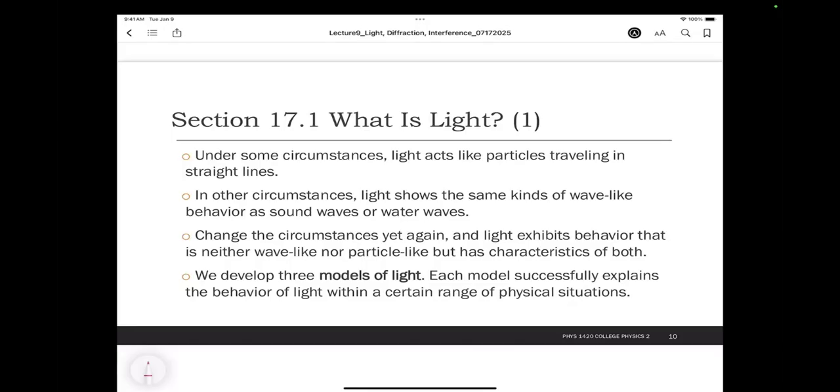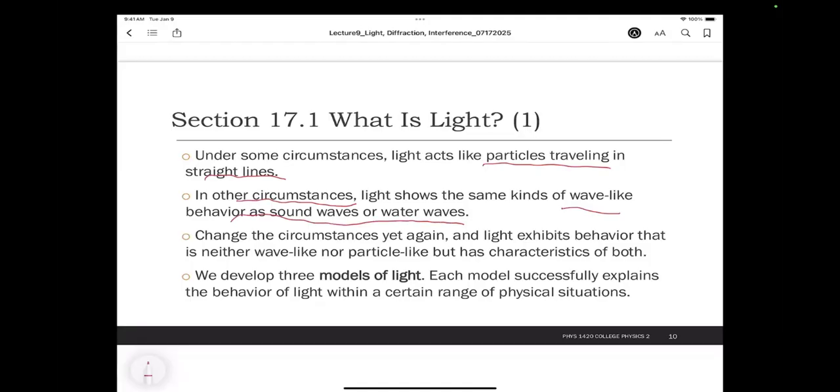You can see sometimes when you walk in a forest, light comes through the leaves and you can see straight lines. Does that make sense to you? It's like particles traveling in straight lines. If you walk in a forest, sometimes you can see this situation. And in other circumstances, light shows the same kind of wave-like behavior as sound waves or water waves.